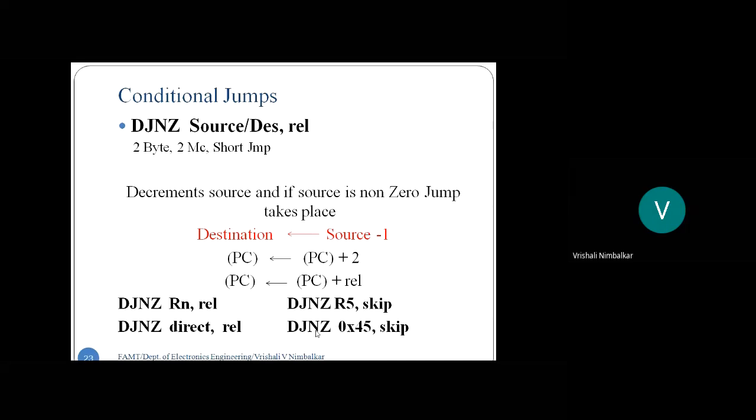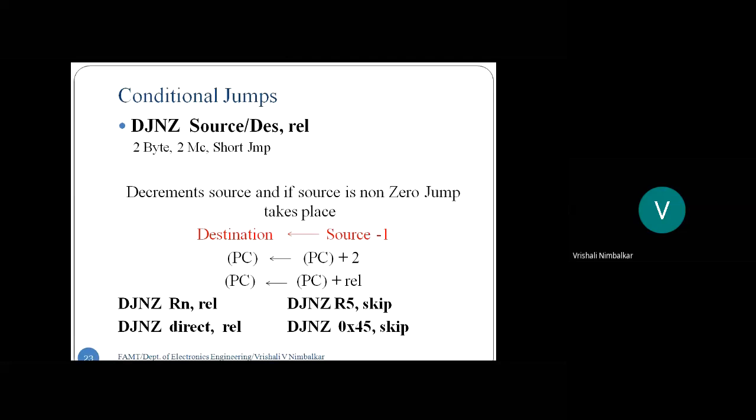See here, the point is, where do we normally use DJNZ? We load some count, keep on decrementing and check if it is not 0. We used to keep the count in registers R0, R1, R5. But you can also load your count in memory. Your memory location can act as a counter.